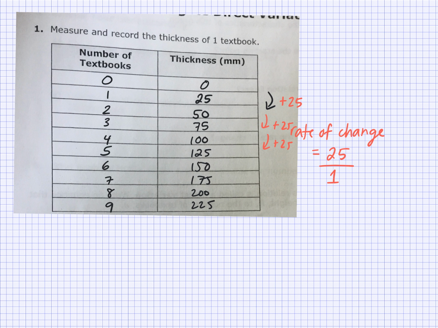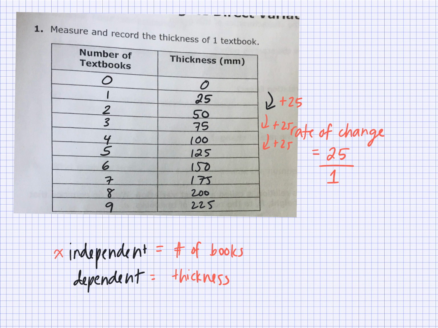Okay, so as you can see, we've completed the table up to 9 textbooks. What would be the independent variable? And which one would be the dependent variable? The dependent variable would be the thickness, and the independent would be the number of textbooks, which means that if it's independent, this would be X and this would be Y. Does the thickness of the textbook depend on how many textbooks you have?